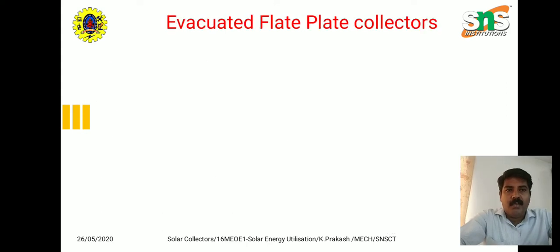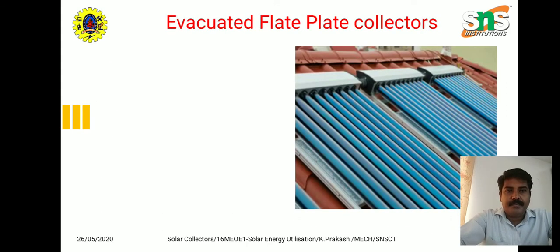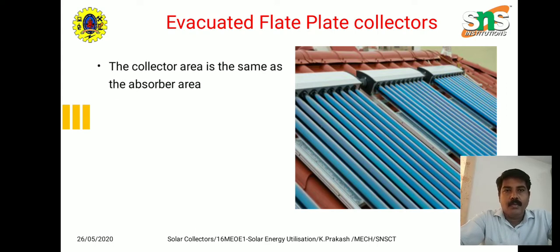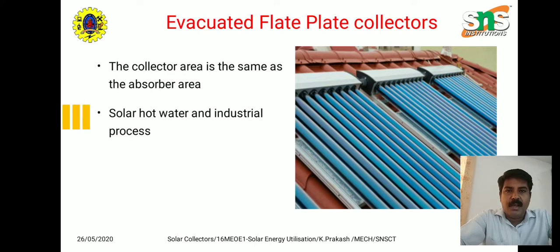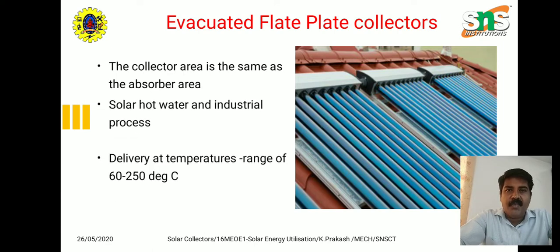Coming to the evacuated plate collectors, there is no glass material covering the top of the surface, so it can be installed directly on the rooftops of our homes. Here the collector area and the absorber area are the same, as in flat plate collectors.